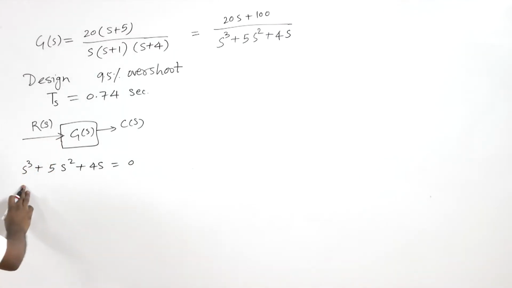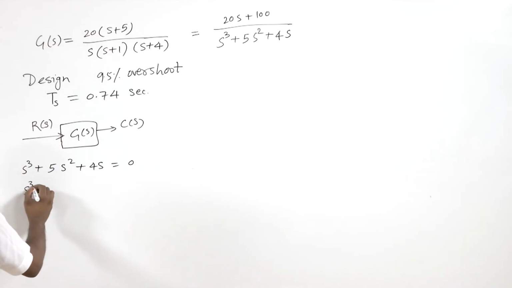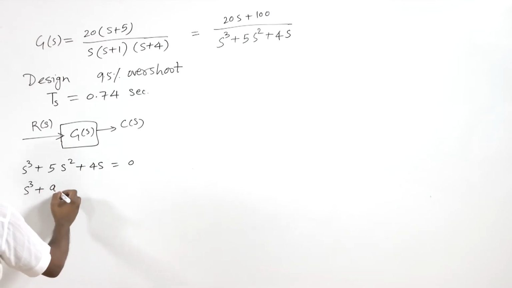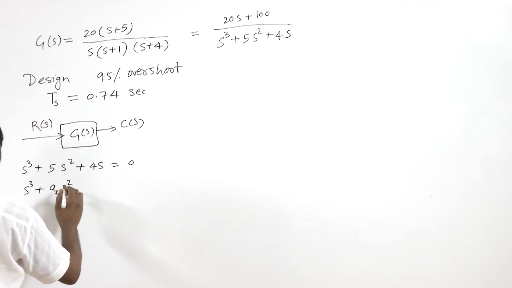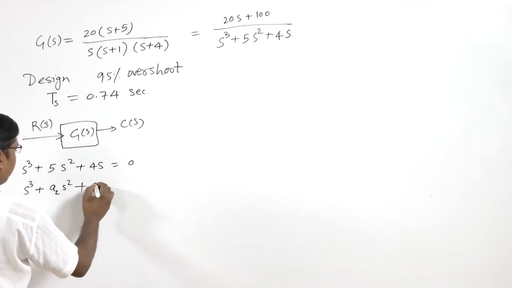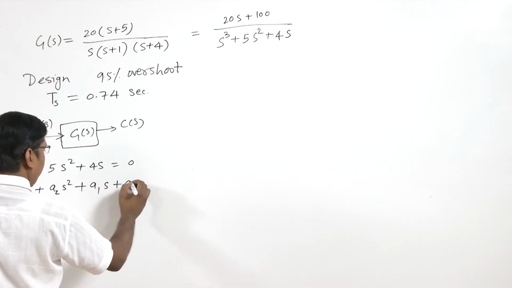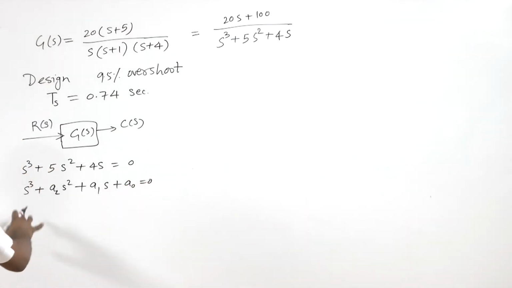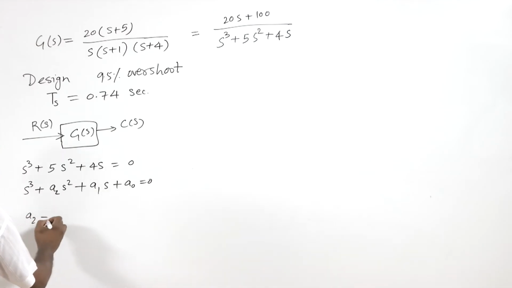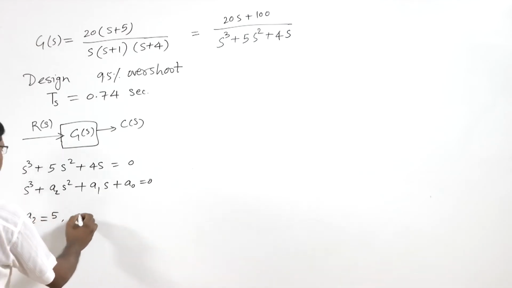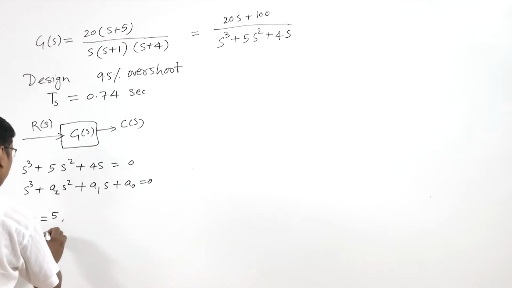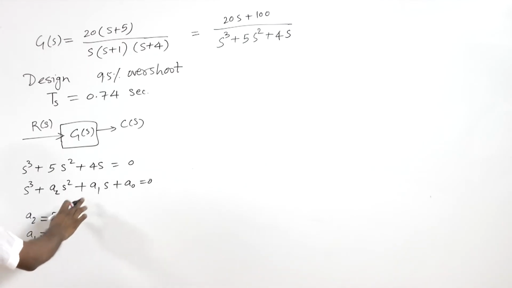Now we can write this as s cube plus a2 s square plus a1 s plus a0 equal to 0. So if we compare this, we will find the coefficients a1, a2, a0. So here a2 equal to 5, a1 equal to 4 and a0 equal to 0.